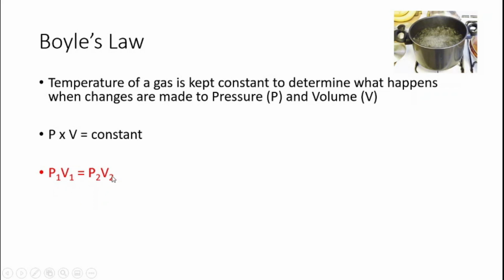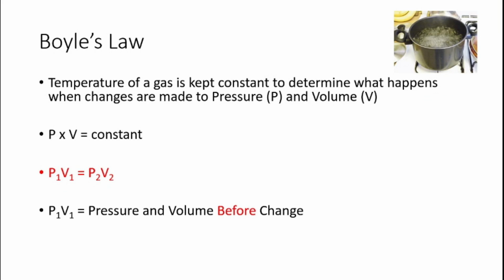If you double the volume of the gas, what would happen to the pressure? That's what Boyle's law is all about. P1V1 is the pressure and volume before a change, and P2V2 is after the change, bearing in mind we're only changing one thing to see what happens to the other.